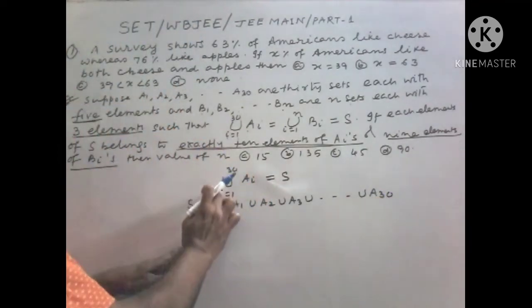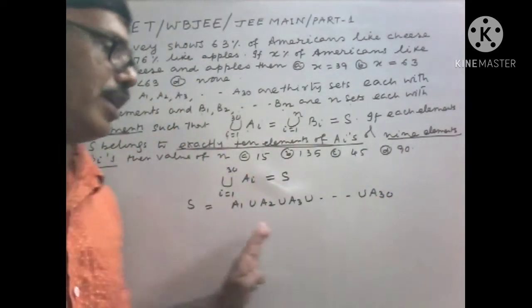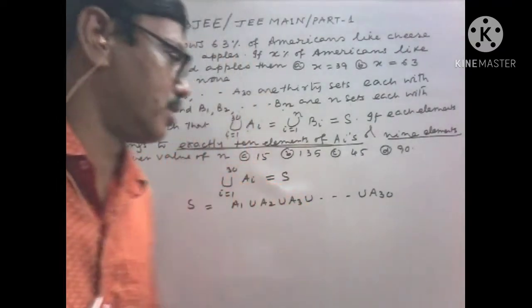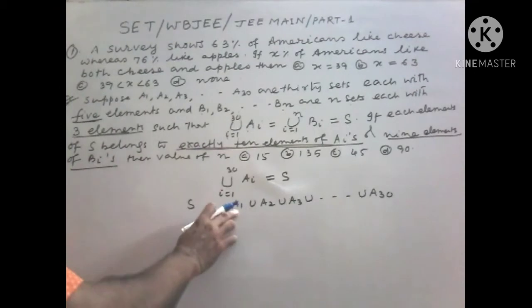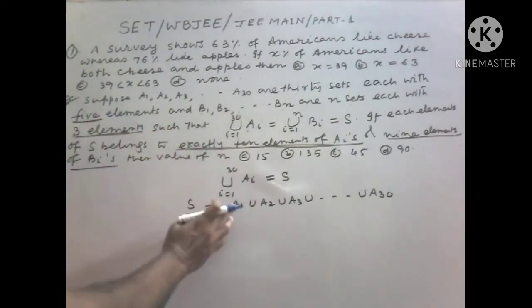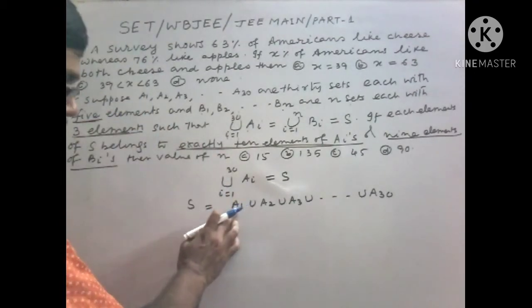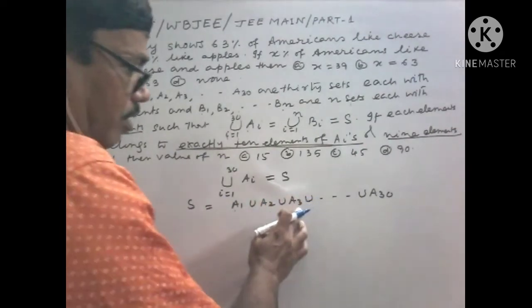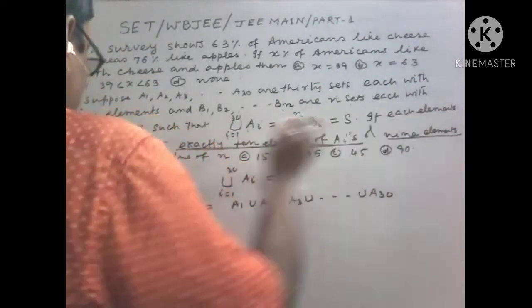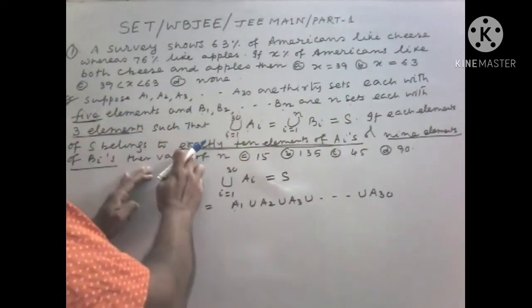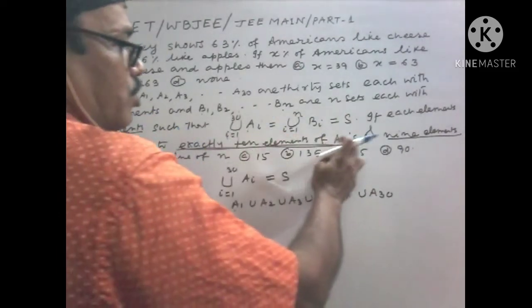This is the short form of the symbol. S equals this. Now each Ai has how many elements? 5. A1 has 5, A2 has 5, A3 has 5, A30 has 5. And this one, each element of S belongs to exactly 10 of the Ai's.